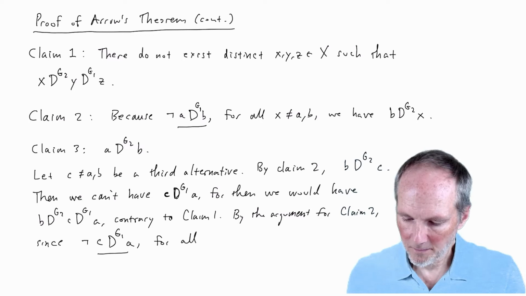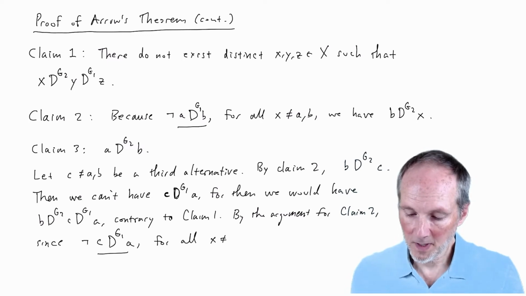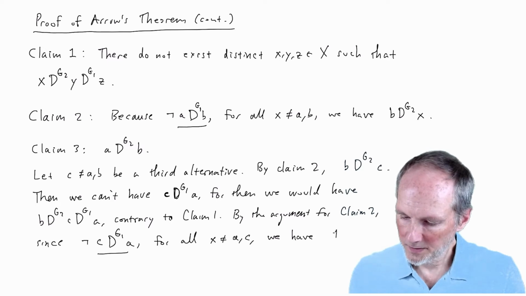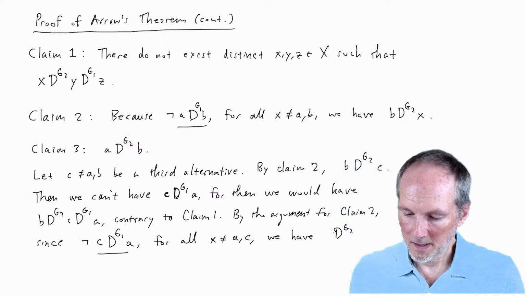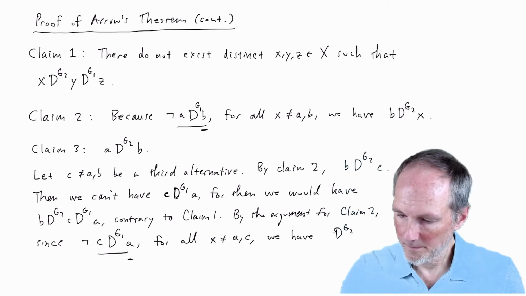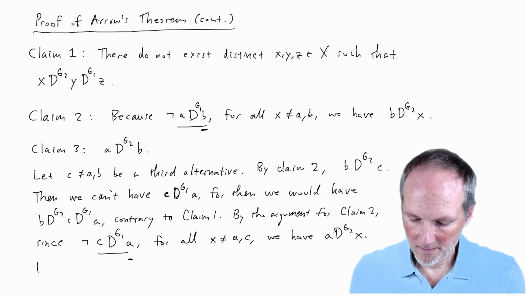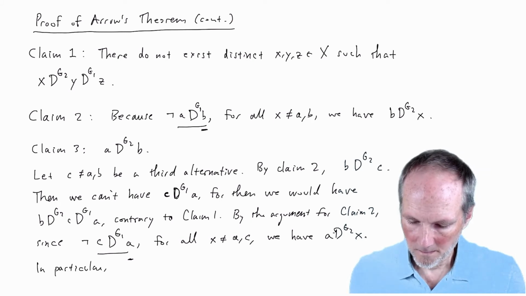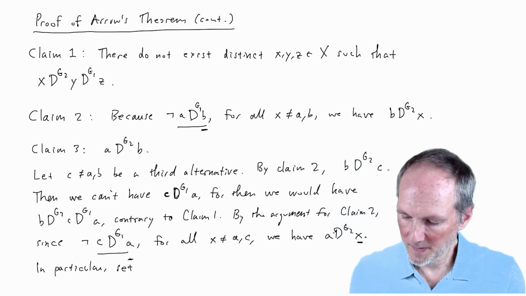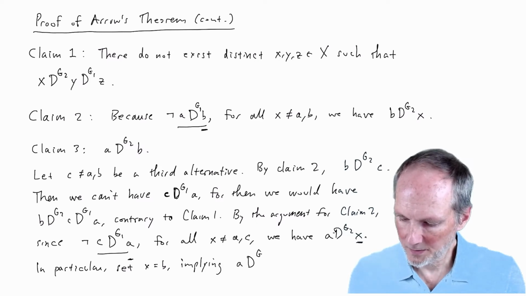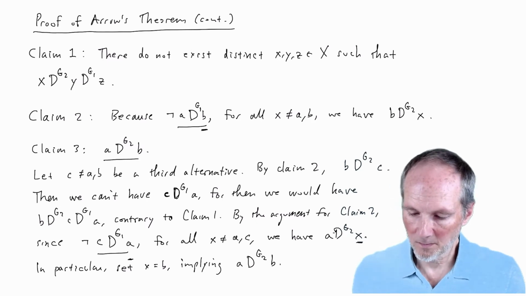This means that for any third alternative X, not equal to A or C, we have G2 is decisive for, now instead of B, I'm talking about A. In particular, we can set this X equal to B. And that gives us G2 is decisive for A over B, which is what we wanted to show.